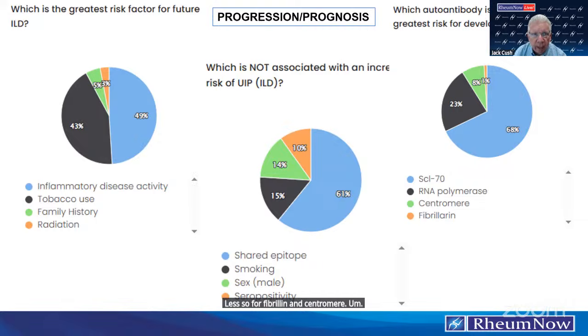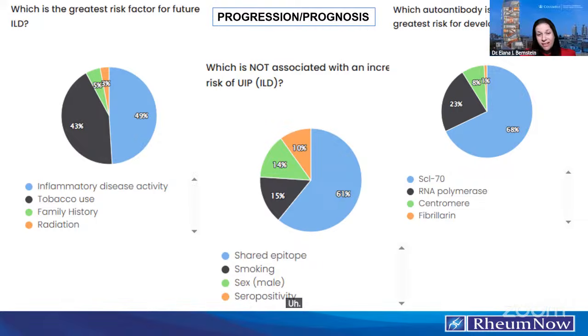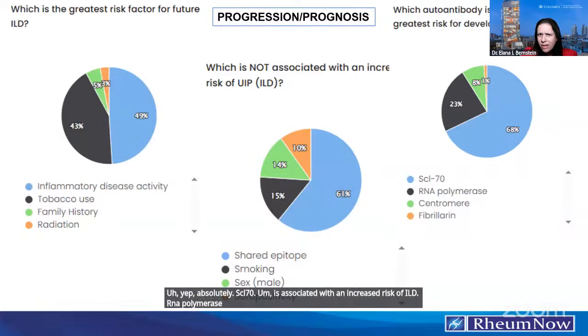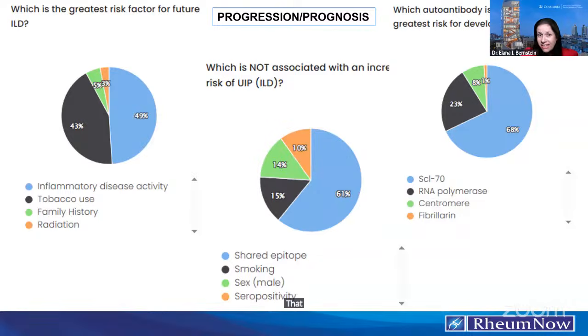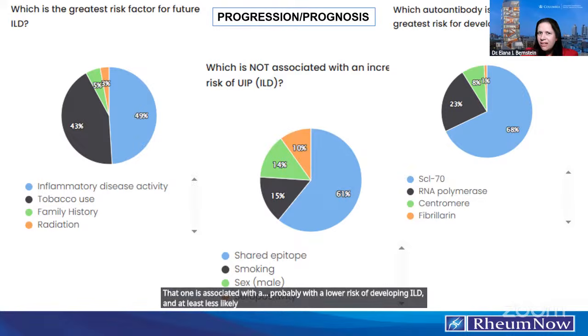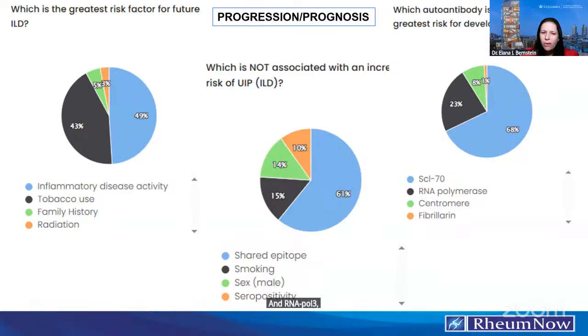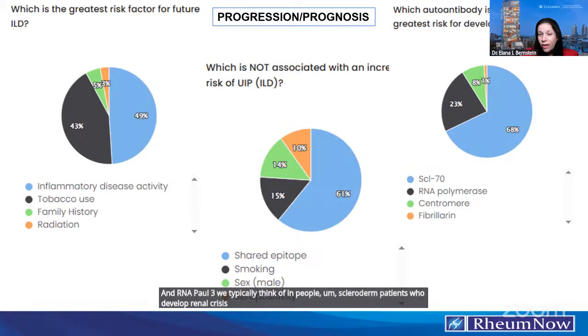Did they get it right? Yep, absolutely. SCL70 is associated with an increased risk of ILD. RNA polymerase 3 is probably associated with a lower risk of developing ILD and is at least less likely to have progressive ILD, although they can still progress. And RNA pol 3 we typically think of in scleroderma patients who develop renal crisis, rapidly progressive skin thickening, and malignancy.